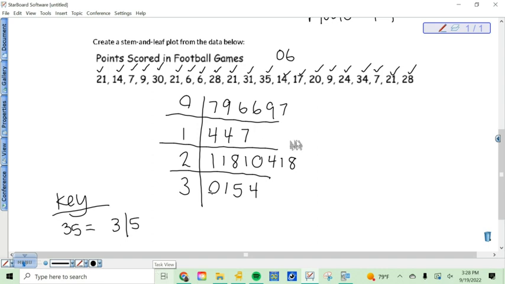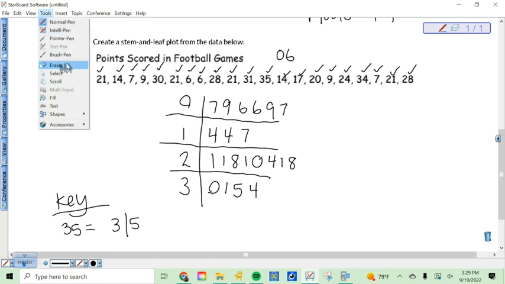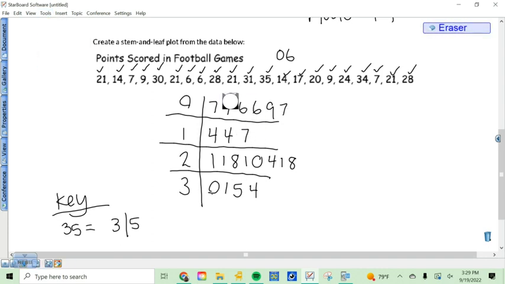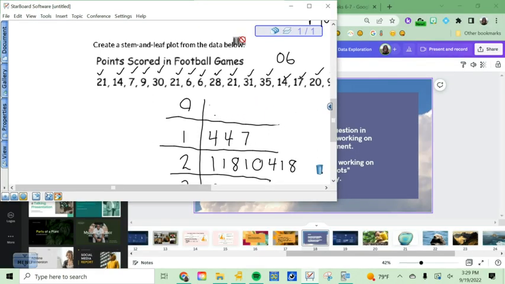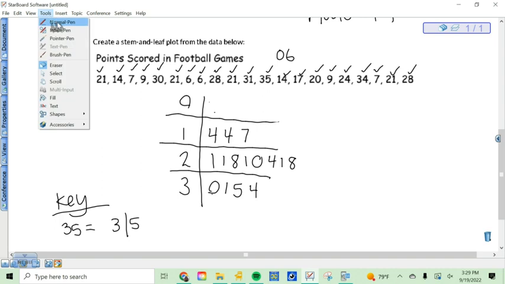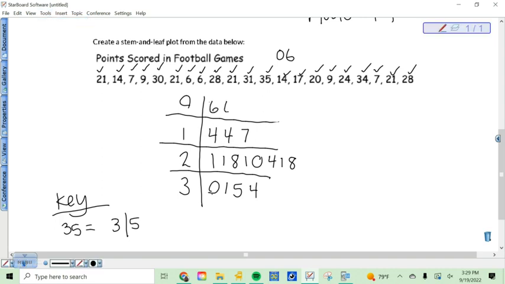And then there's one other little task we have to do. Anybody have an idea? To make it a little more organized. Numerical order. Yeah, we're going to put these in order. So this top one is going to become 667799. And then these ones are already in order, 447.